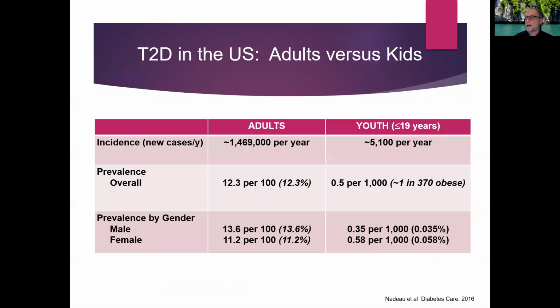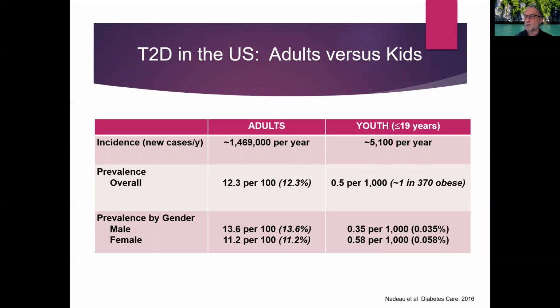However, in the United States, if we compare adults to youth, the first thing we find is that in adults, type 2 diabetes is a very, very prevalent disorder.